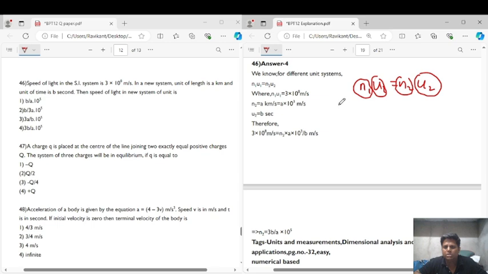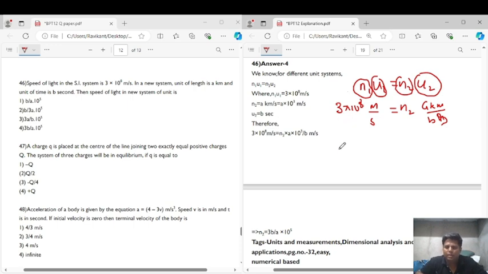So numeric value in first system is 3 × 10^8 and unit is meter per second, equals numeric value of second system, which we have to calculate, and unit is a kilometer per b seconds.